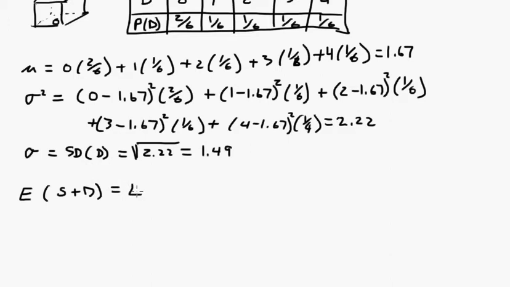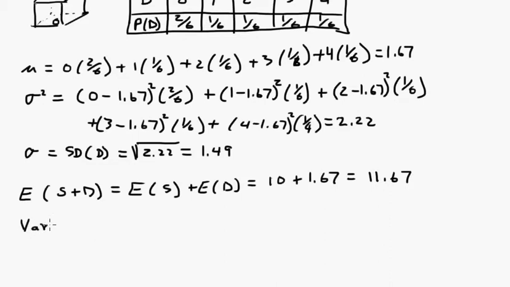So that's just the expected value. What do we expect from the spinner plus what do we expect from the die? From the spinner it was 10, and from the die it was 1.67, so 11.67. Now the question is, what's the standard deviation? We work with variances first.